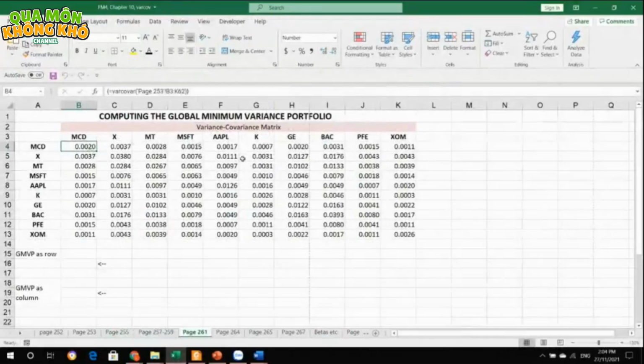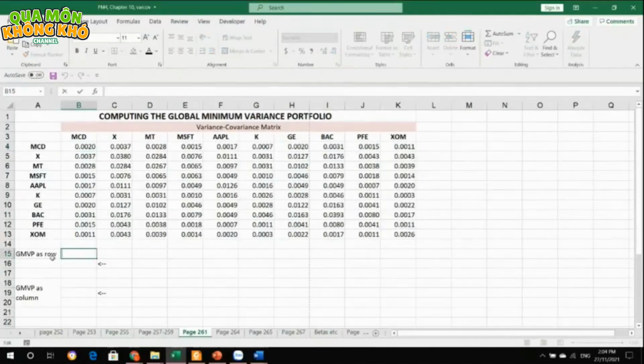Now, here we have the variance covariance matrix, and to compute the global minimum variance portfolio, we use the function. We calculate the GMVP as row.